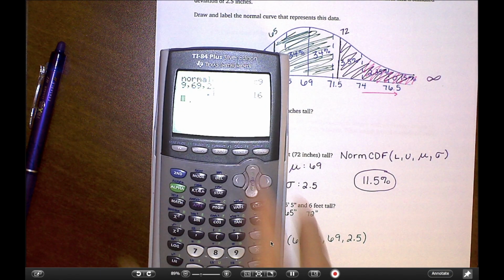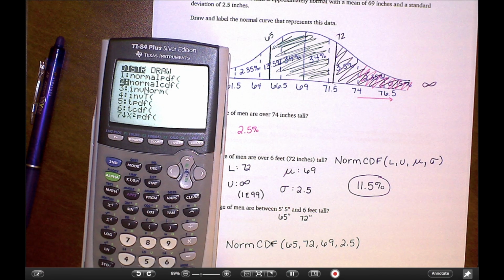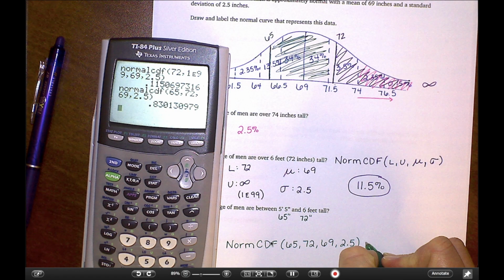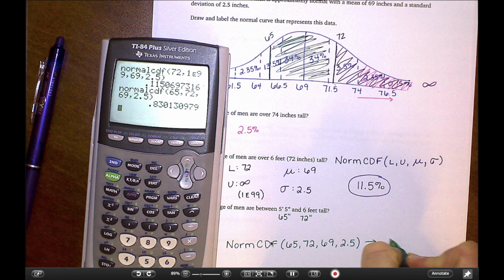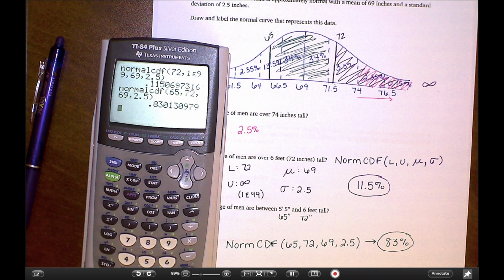In my calculator, I'm in distributions, normal CDF, and then I'm typing 65, 72, 69, 2.5. Remember that estimate. Let's make sure we're close. Oh, 83% sounds pretty good. So I would say 83% of men are between 5'5" and 6 feet tall.